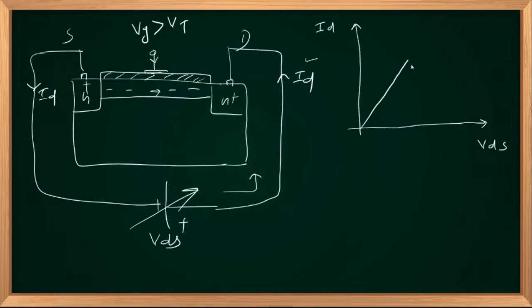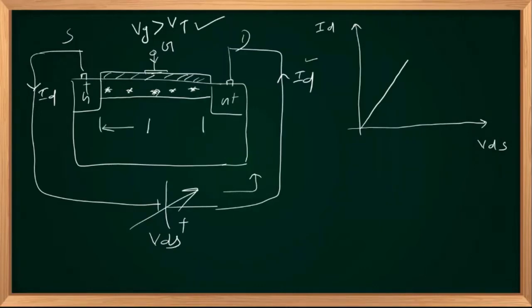Right? And the condition for existence of the channel is nothing but the potential difference between gate terminal and each point in the channel should be always greater than VT, so that you have electrons or channel at each and every point inside the device.